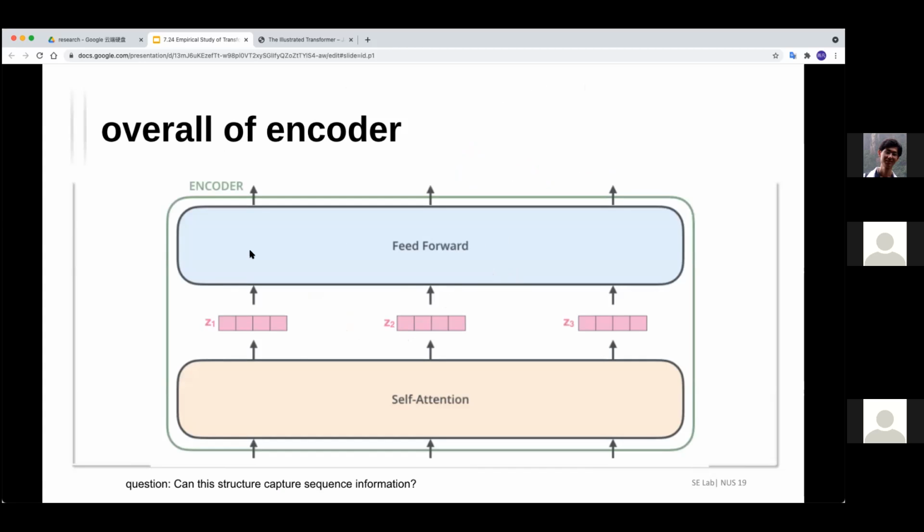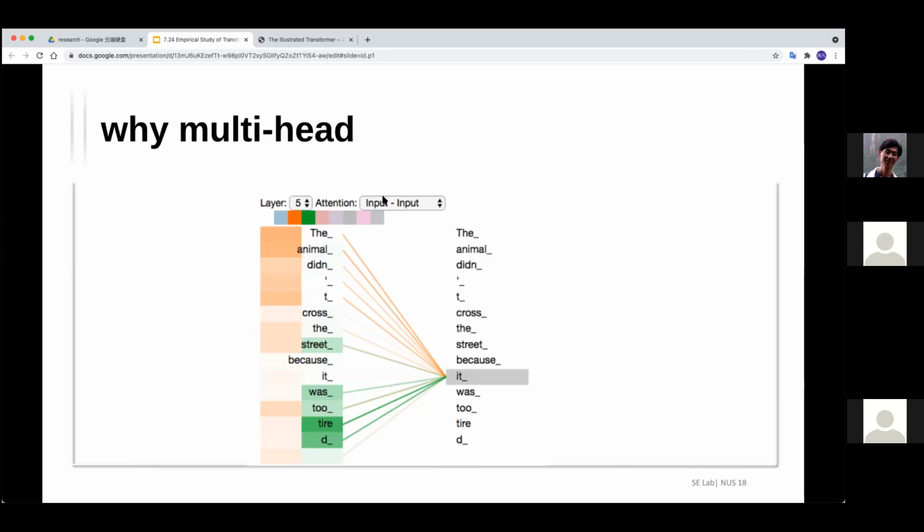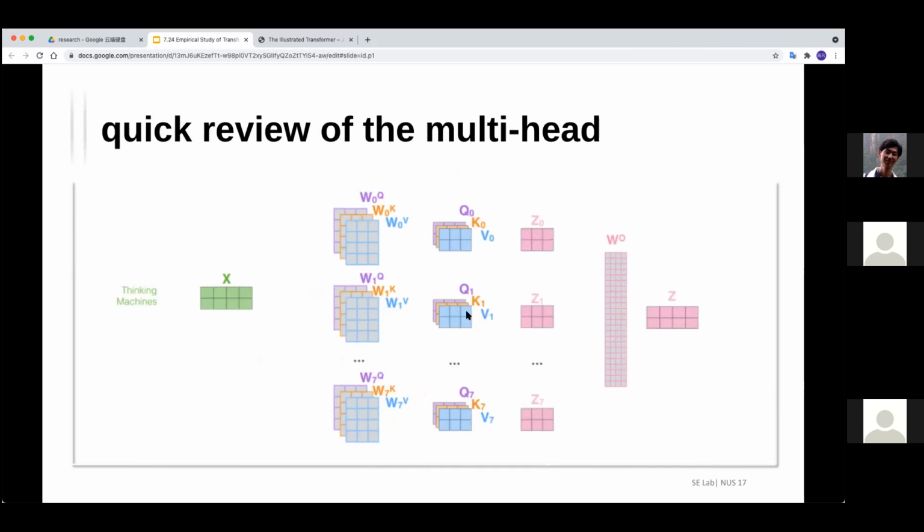Now we have the encoder. Oh, by the way, how do we concatenate the different heads? The multi-head outputs we combine using another weight matrix. Oh, I understand.